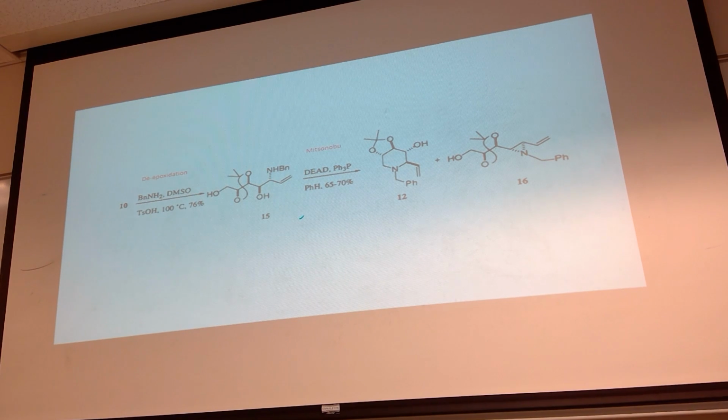To overcome this problem, they went to the mesylate form from 10. It was interesting to me because when they made the mesylate from 10 to go to 11, it was the same reaction conditions, but they increased the temperature from 100 degrees to 120 degrees. That resulted in only the desired product, also in a 76% yield, so very high yield as well.